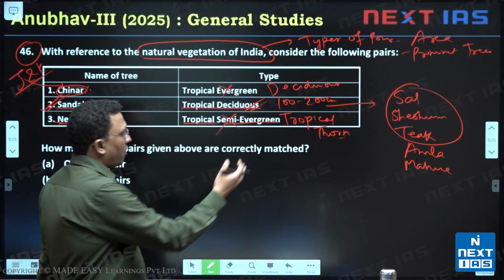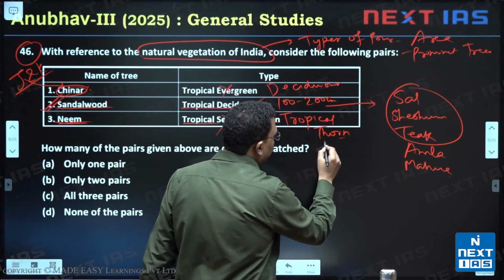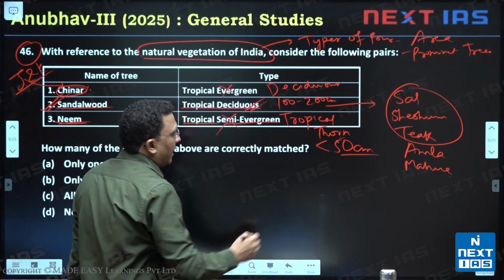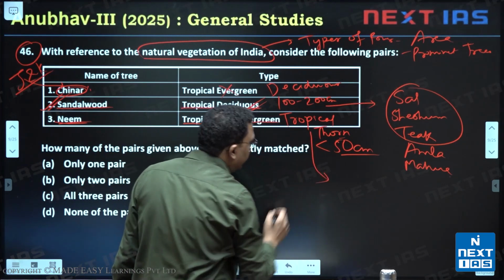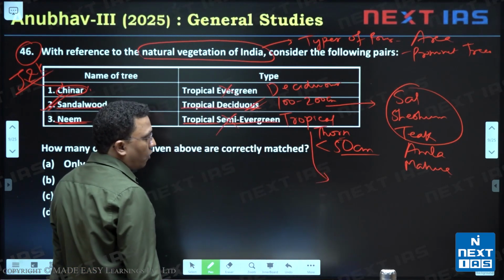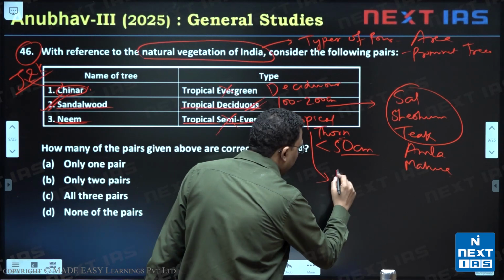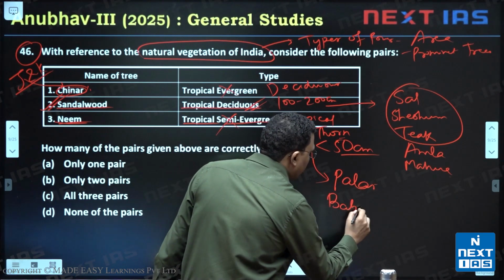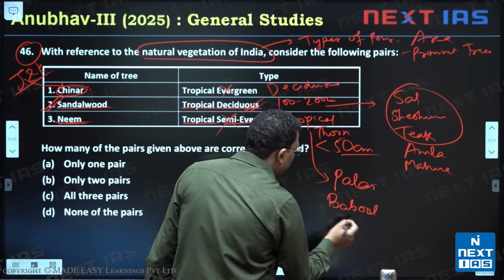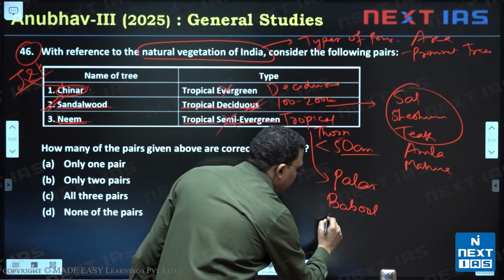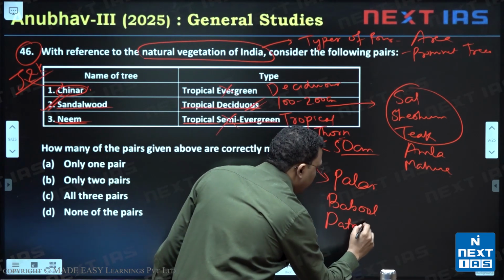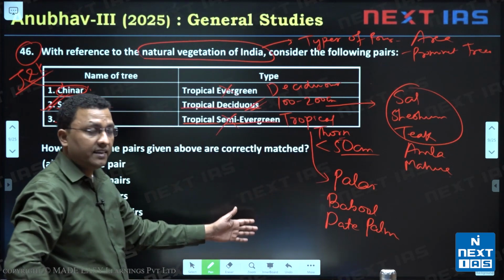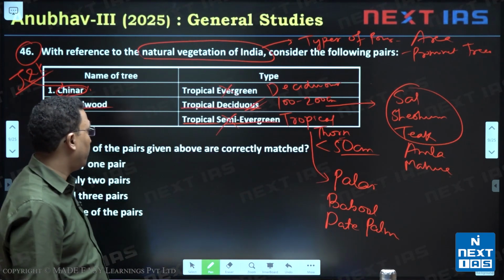So these tropical thorn forests are found in the area having rainfall less than 50 centimeter, and some of the prominent trees that are found in tropical thorn type of forest are palas, babool, then neem is there, then you can say date palm, etc. These are some prominent trees that are found in tropical thorn forest.